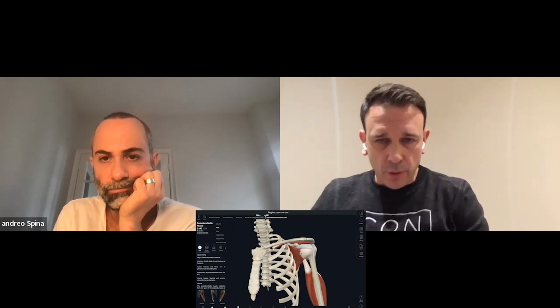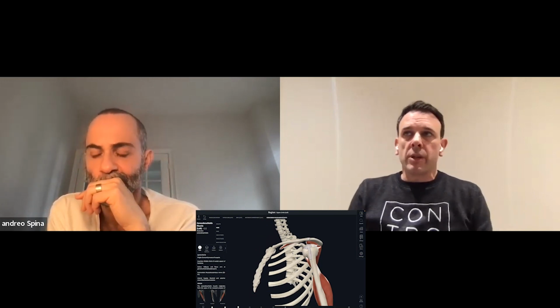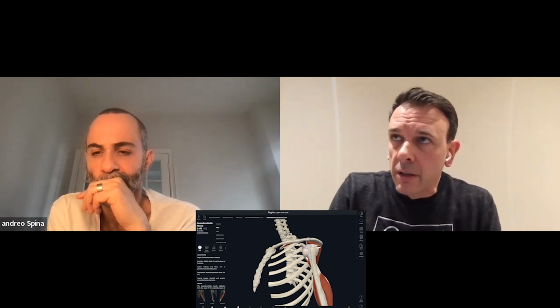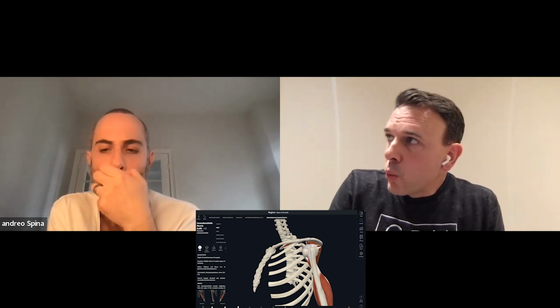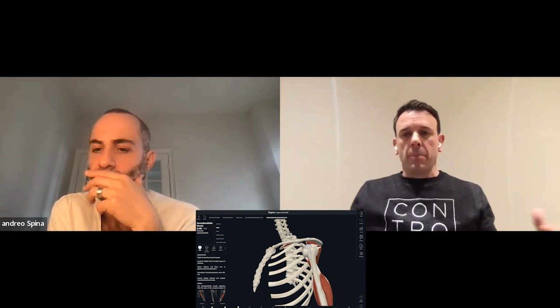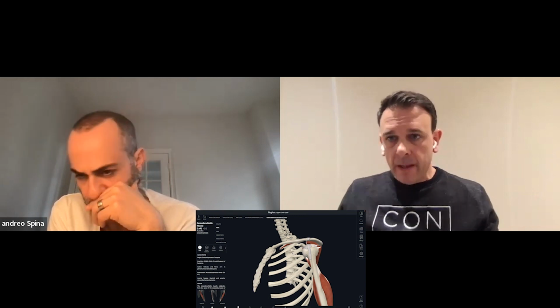Second thing that's probably important with the cuff is we know a couple physiological things about the rotator cuff. Number one, it's primarily slow twitch from a fiber perspective. And because it's primarily slow twitch, that gives us some indication of what it's going to do from a behavior perspective, right?